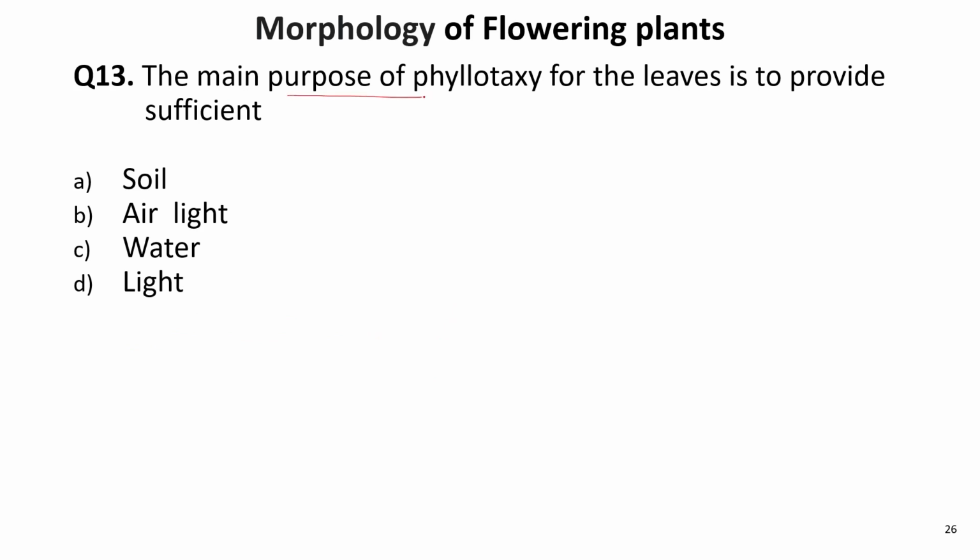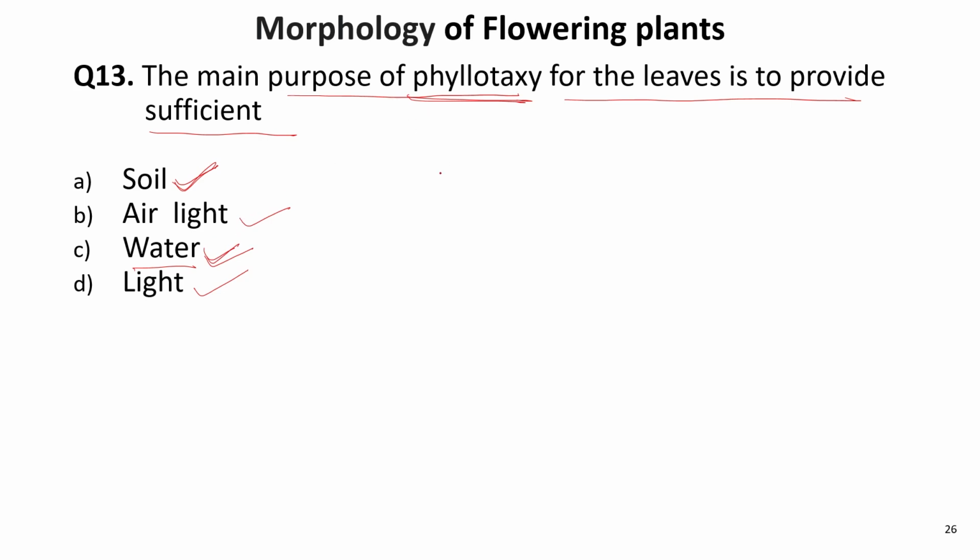The main purpose of phyllotaxy for the leaf is to provide sufficient soil, air, light or water. Okay, so air and light. Air can be present in any form, right? So phyllotaxy has nothing to do with the presence of soil or even water, because both of these are absorbed from the soil.